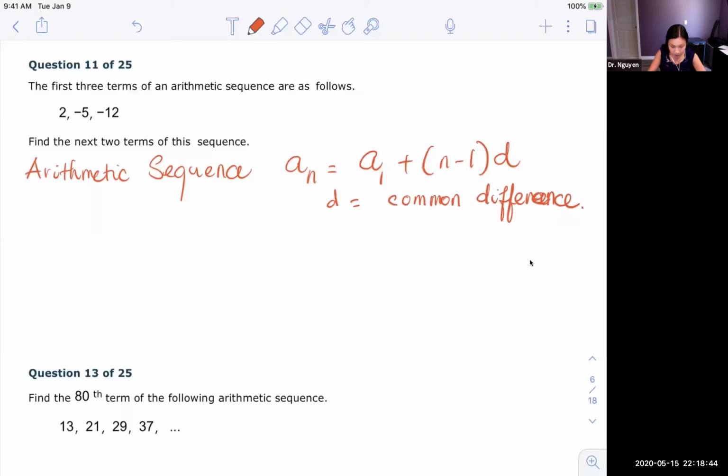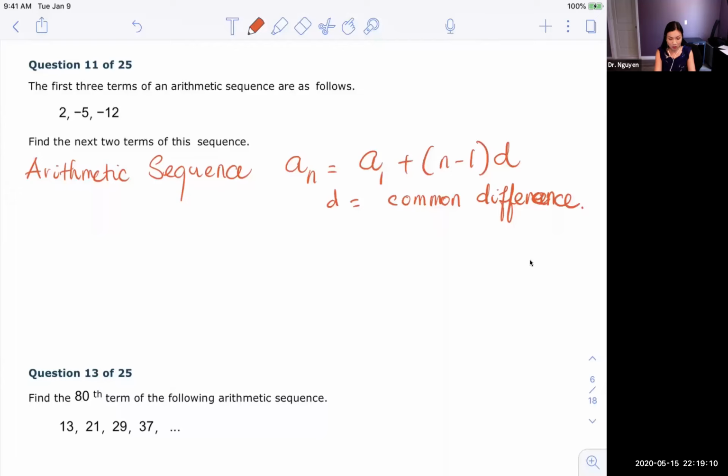So for example, in this problem right here, you see we have 2, then -5, and then -12. If you take 2 and you add -7, you get -5, right? And then -5, you add -7, you get -12. Or you can think of it as subtracting 7.